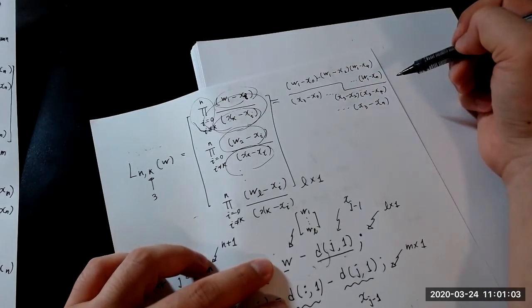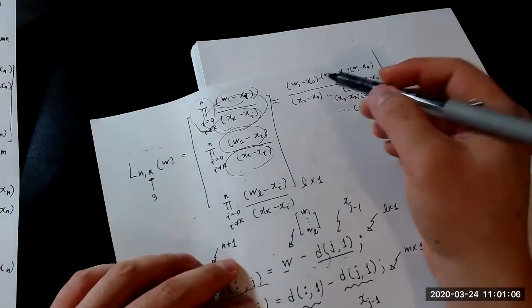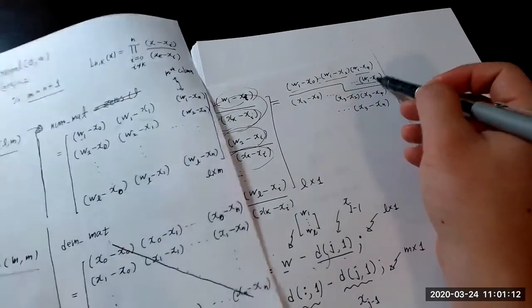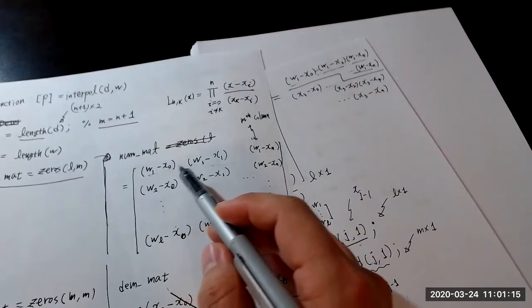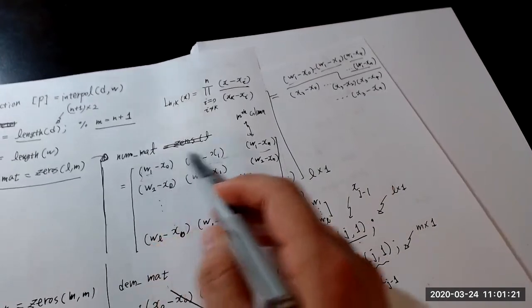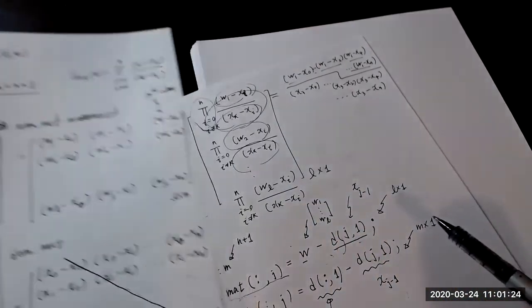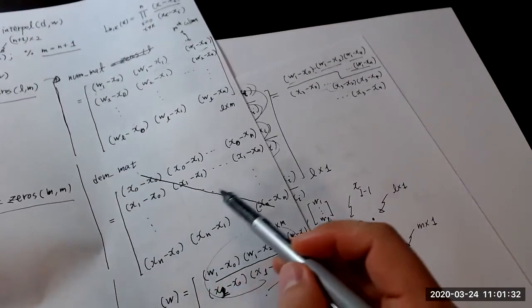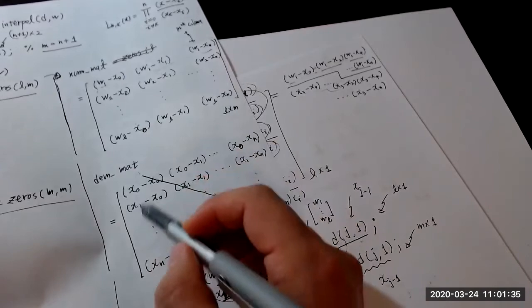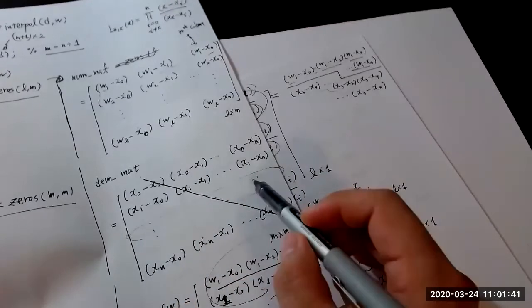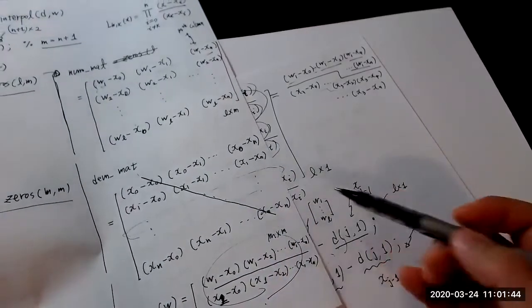Okay. All right. So now where are the binomials in the numerator? Right there. W1 minus X0, W1 minus X1 through W1 minus Xn. And where are the binomials in the denominator? Right there. In the fourth column, there is X3 minus X0, X3 minus X2, X3 minus X3. You see that?